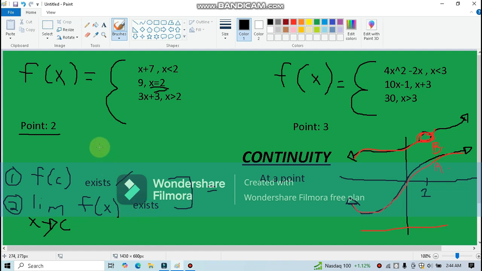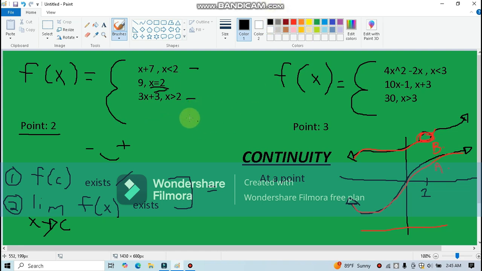Remember that in order for a limit to exist, the left side and the right hand side of the limit must be equal. So let's check this and this: x plus 7 as x is less than 2, and 3x plus 3 as x is greater than 2. Okay, we're going to find the limit.